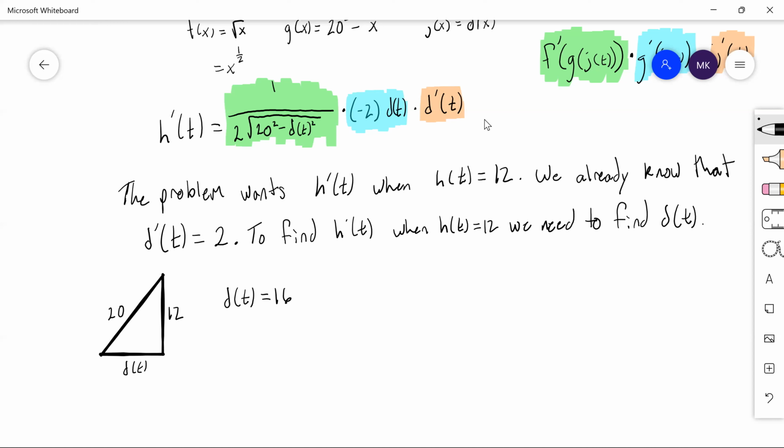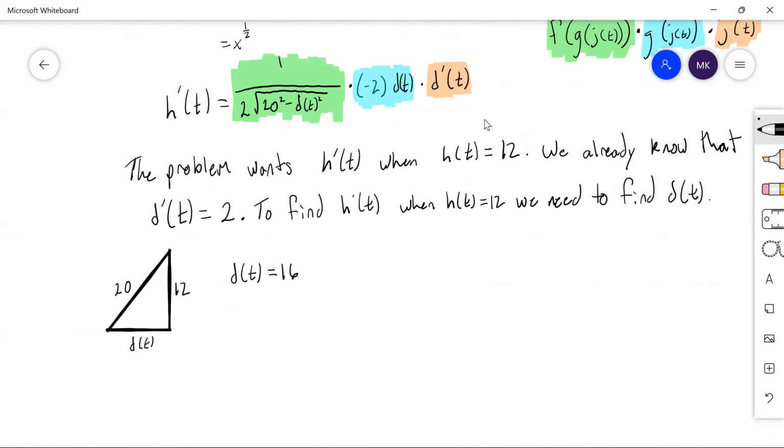If you don't believe me, please grab your calculators and find it yourself. So h prime of t. Now I'm going to bring the blue highlighted and the orange highlighted pieces into the numerator.